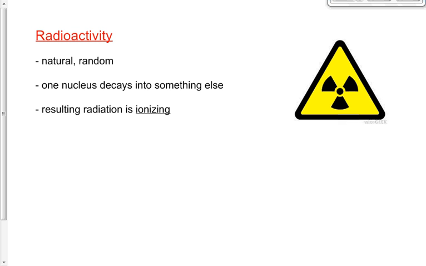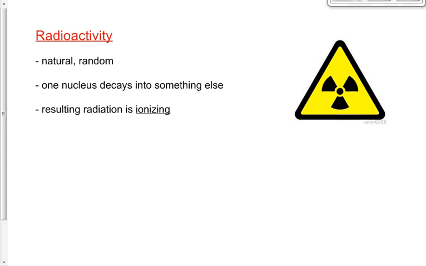Now, we said radioactivity is a natural process. It's a random process. What do we mean by that? Well, by natural, we mean that it happens on its own. It's not us that does it. It's nature that does it. It's a random process. It happens when it wants to happen. We don't make it happen, and we don't control when it happens.